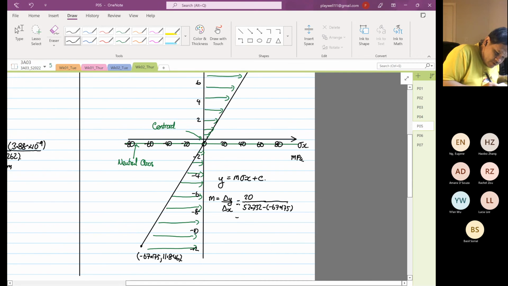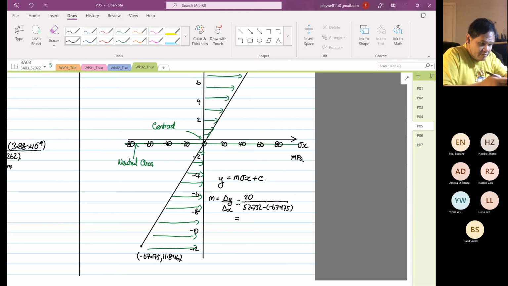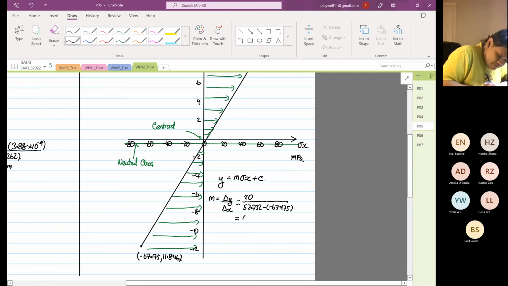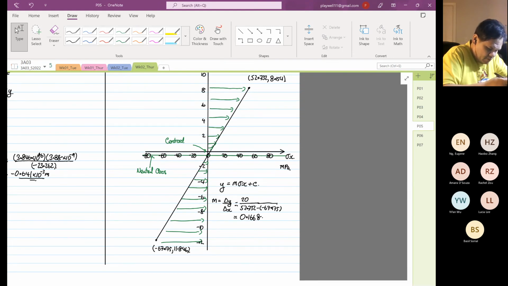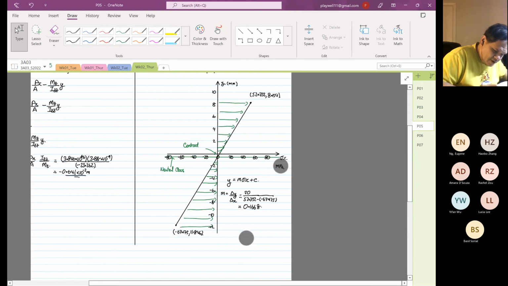So this will be equal to 52.732 plus 67.175. So 20 divided by that is equal to 0.1668. Let me do it again. So we have 52.732 plus 67.175. 20 divided by that is equal to 0.1668. So that is the gradient.